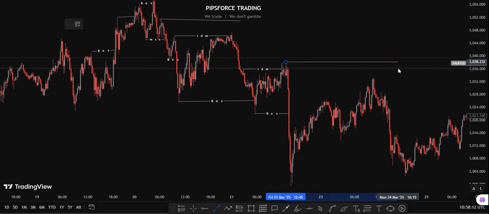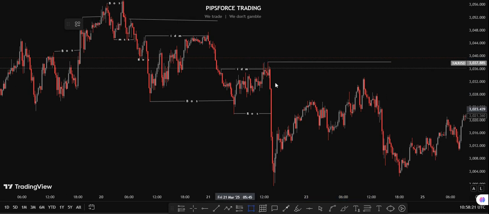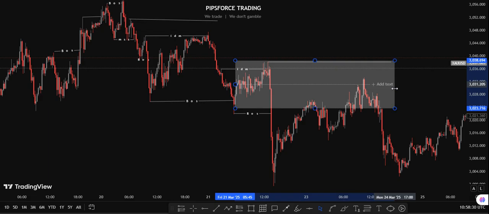Price has to take this liquidity before you enter the trade. But in this case, price didn't get to the liquidity. It just tapped into the order flow, which is this particular order flow that we are seeing here. It just tapped into the order flow and then moved, or tapped into another block here, this particular order block inside the order flow.